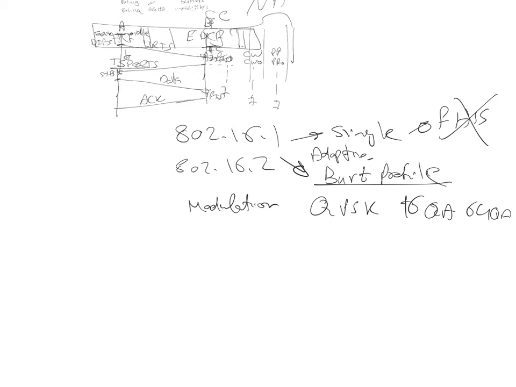Okay, so this is the physical layer. And for the MAC layer, we said that mainly we use TDD, TDMA, or FDD, TDMA. So TDD is for bidirectional communication. Okay? By the way, for DCF, why didn't we talk about uplink and downlink?